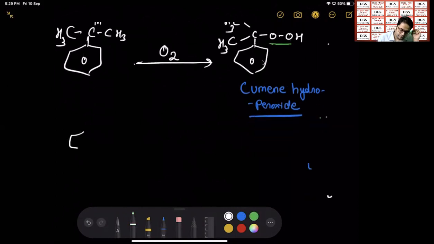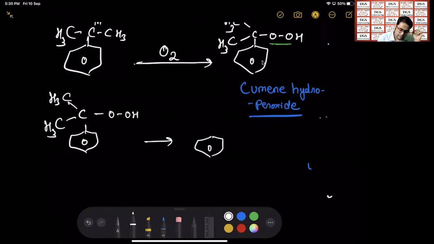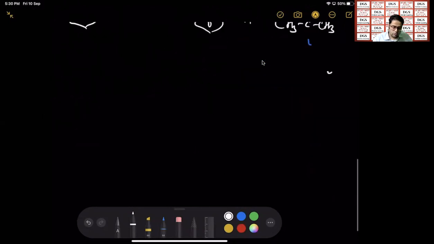And finally, this cumene hydroperoxide rearranges itself. This is known as the Hock rearrangement. And we will get phenol and acetone.